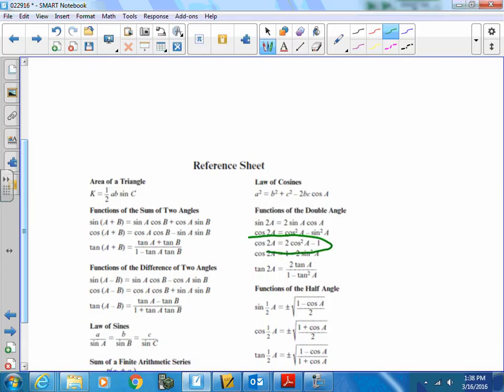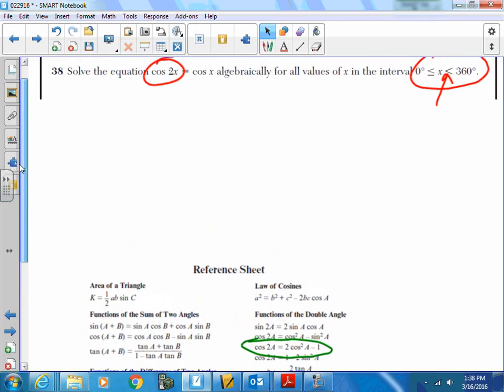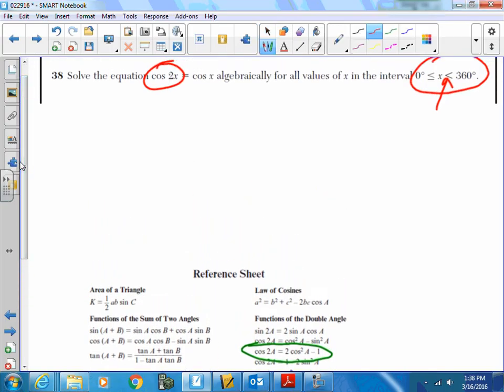We're going to plug that in place of the cosine of 2a, and write 2 cosine squared x minus 1, using x since they use x in the problem, equals cosine of x.